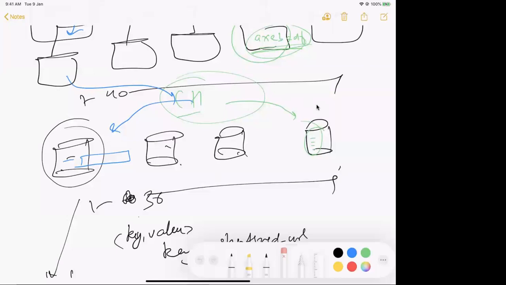Now here, to figure out the number of boxes, the question would be: how many URLs do you assume are going to be the most frequently asked URLs in a day? I mean, how many active URLs do you see on any random day?